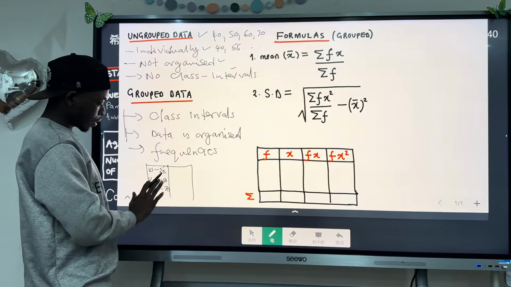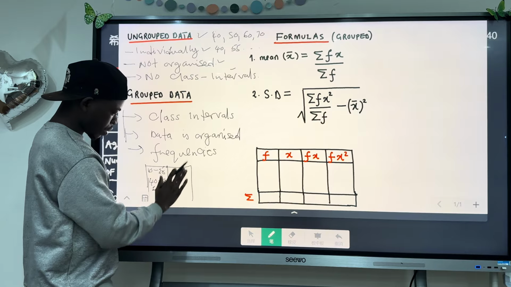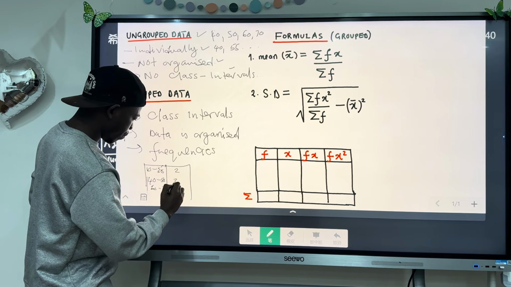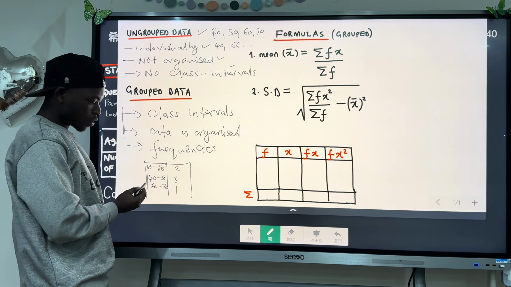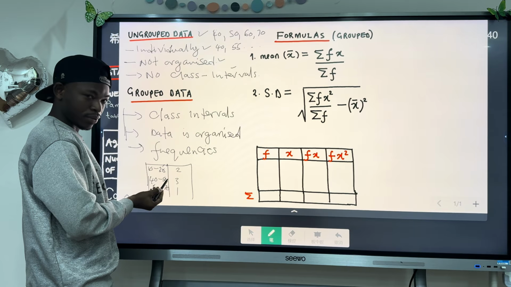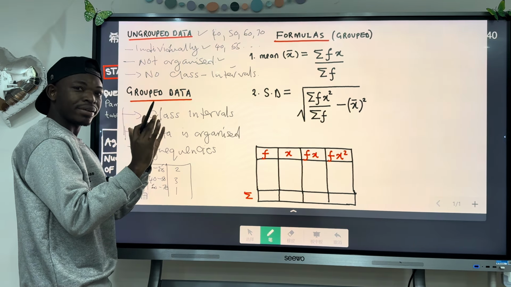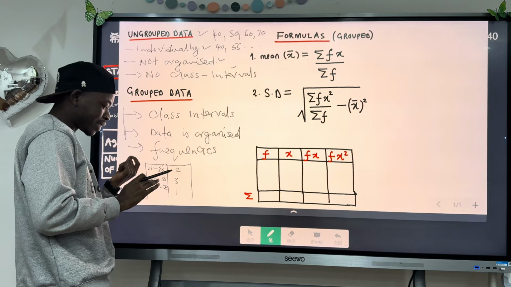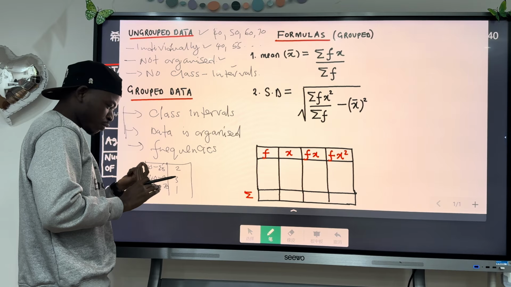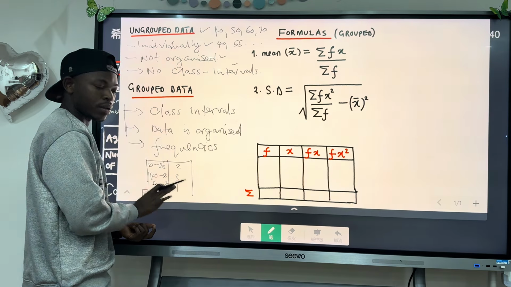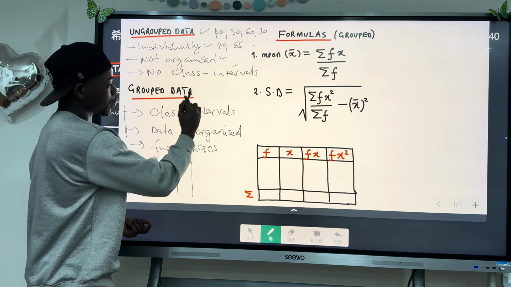So you can see that this time around, we can even now put how many were in this range, maybe 2, 3, 1. So once we have class intervals, 10 to 30, we're not talking about individual data set here. We're talking about the entire range. We're talking about marks from 10 to 30, marks from 40 to 50. So you can see that here we now have class intervals.